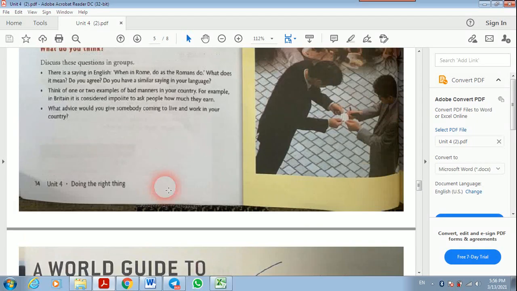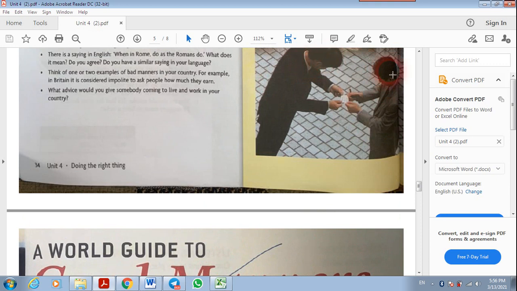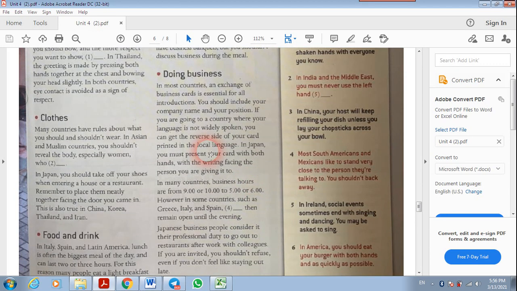I think there is a picture here like this. Both your hands, they are bowing their heads. With both hands, with the writing facing the person you are giving it to. The writing should be up, should face the person.